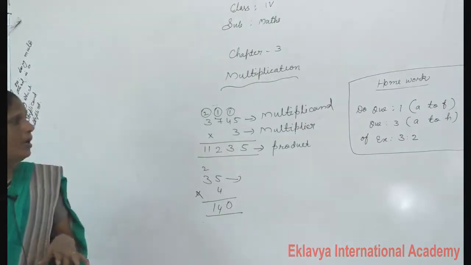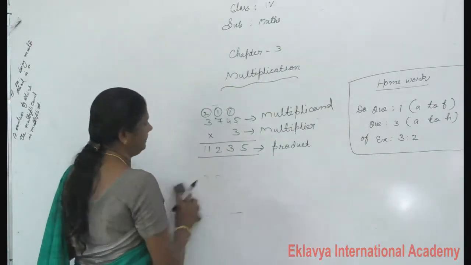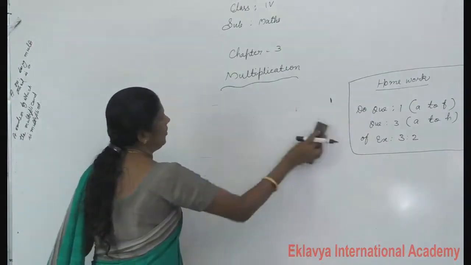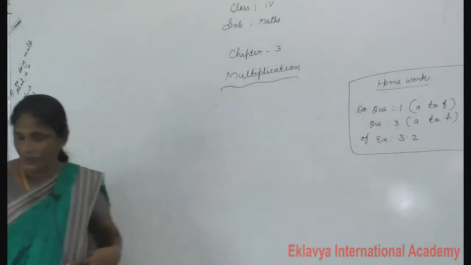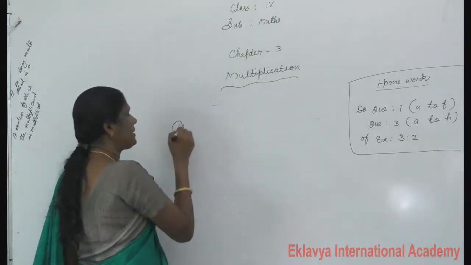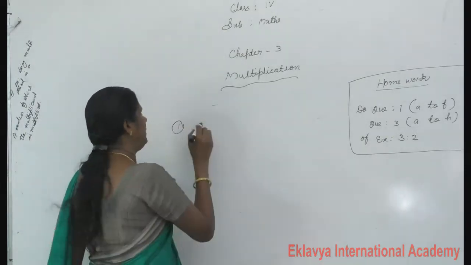Then, properties of multiplication. The first property is the ordering property.